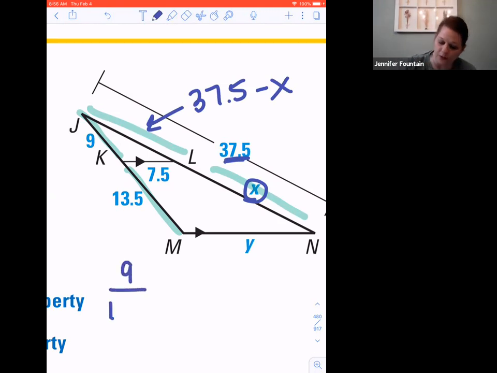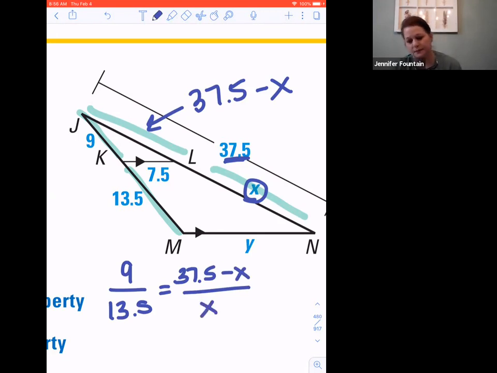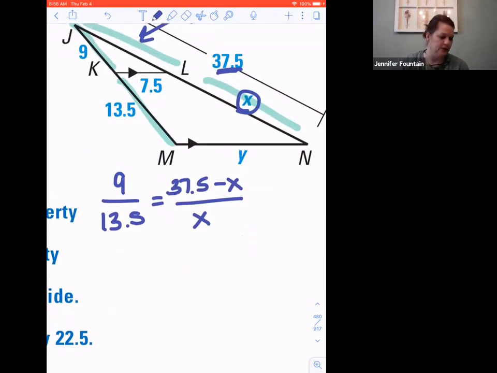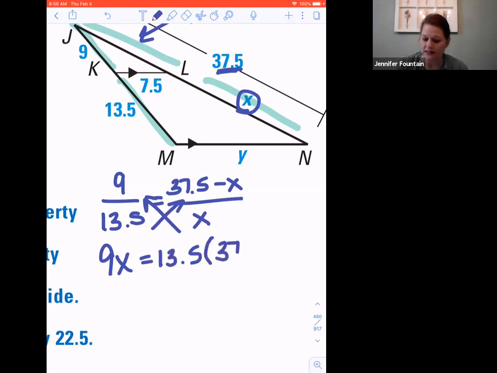So I'm going to set up my proportion: 9 over 13.5 is equal to 37.5 minus X over X. I start out cross multiplying. 9x is equal to 13.5 times 37.5 minus X. Get my handy dandy calculator.